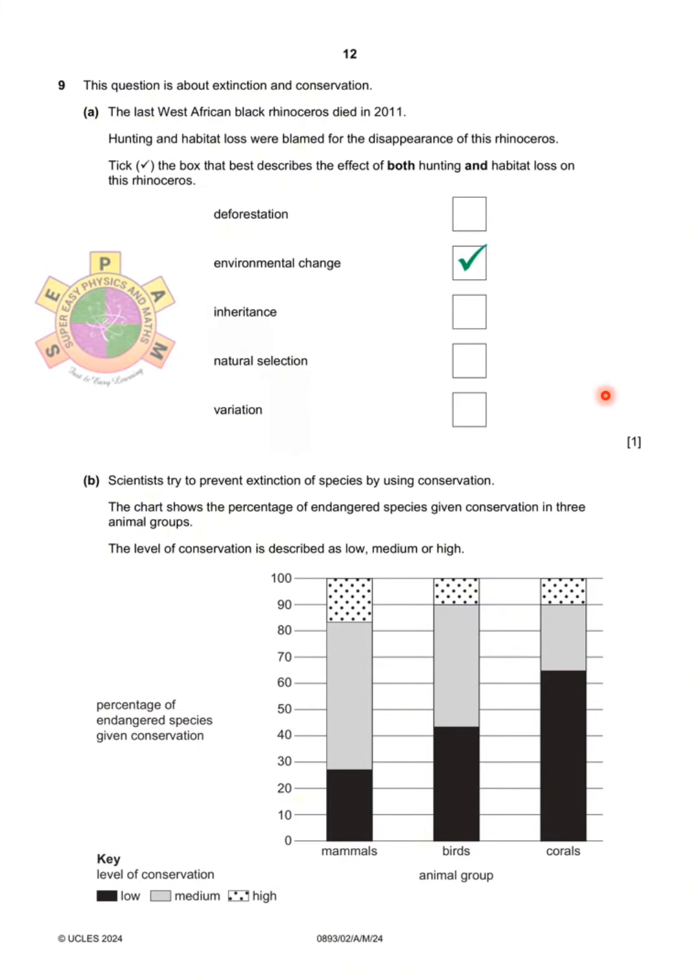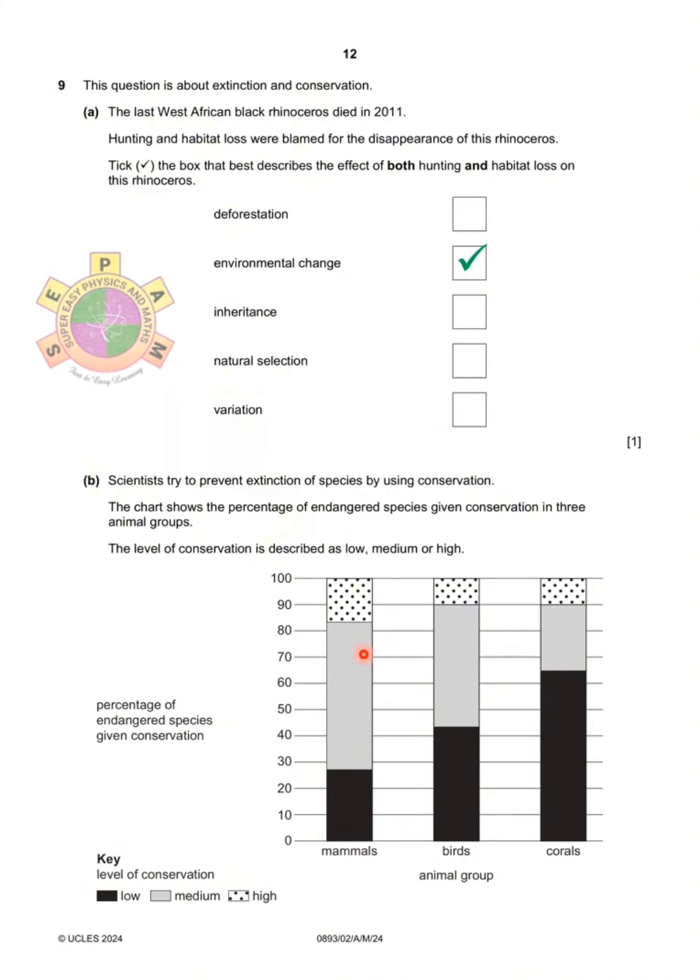Now, scientists try to prevent extinction of species by using conservation. The diagram below shows the percentage of endangered species given conservation in 3 animal groups. So you have mammal, bird, and corals. You can see low preservation, that is the black, medium preservation, we have the gray, then the dotted line, high preservation.